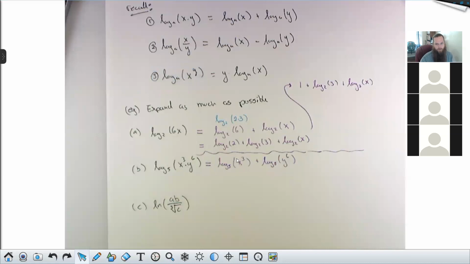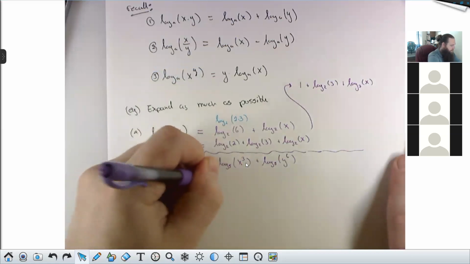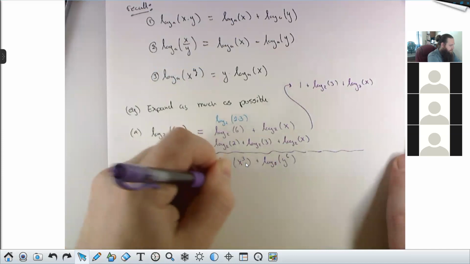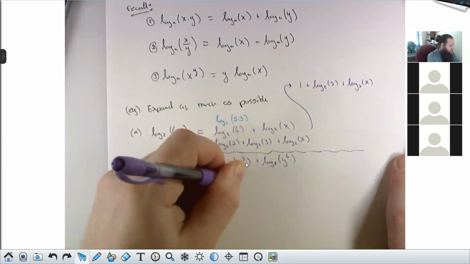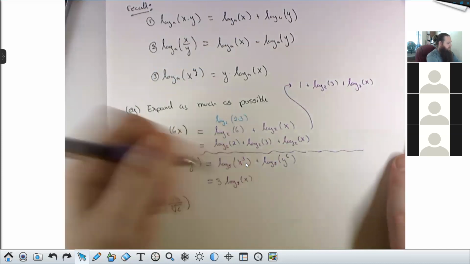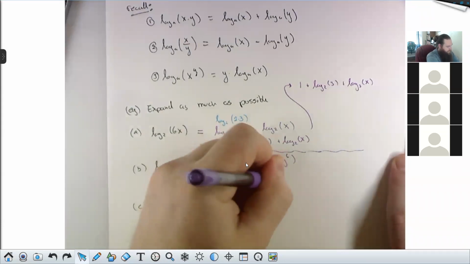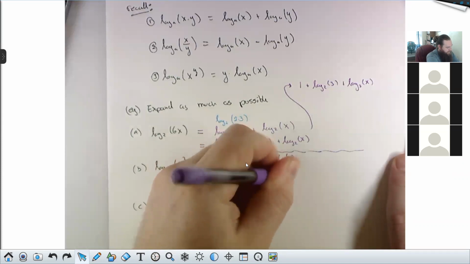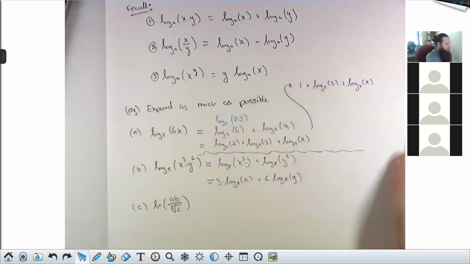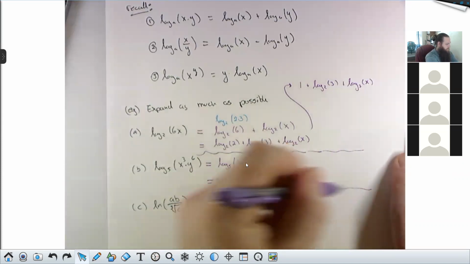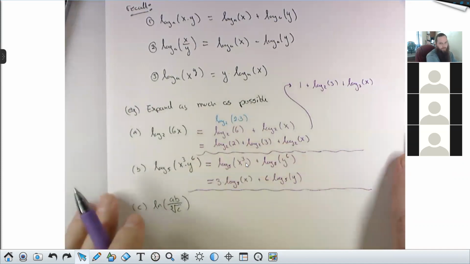I've got the base 5 log of x raised to the 3rd power. So according to rule 3, that's 3 times the base 5 log of x. And similarly, the second one is 6 times the base 5 log of y. And that's as far as we could go there.